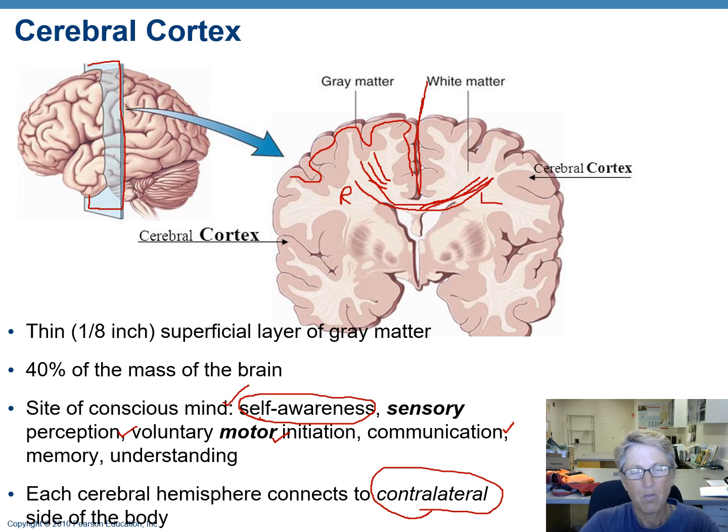So what that means is the right cerebral hemisphere connects to the opposite or contralateral side of the body. And you probably have heard this, that, for example, if you get a stroke in the right side of your brain, that affects the left side of your body. That's because of this contralaterality of the brain.